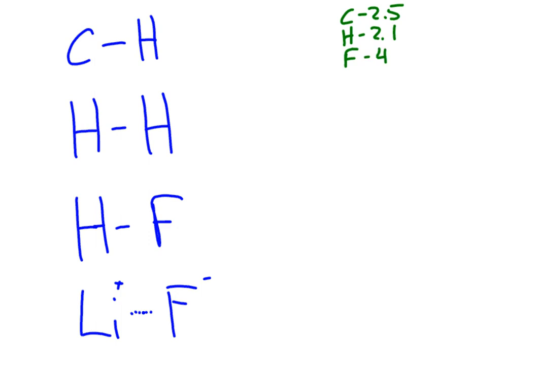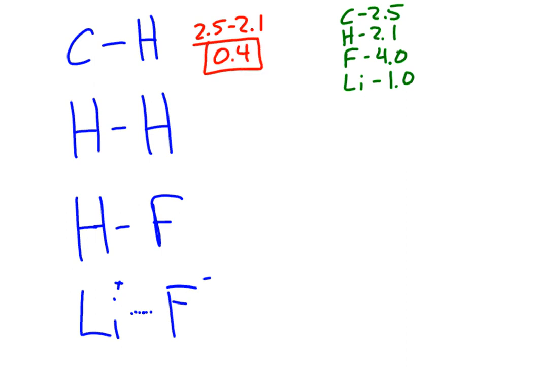Fluorine, like we saw, was 4.0, and lithium is 1.0. Let's take a look at the differences between these electronegativity values and see how I'm going to classify them. Carbon-hydrogen, carbon would be 2.5 minus 2.1, and that difference is 0.4.